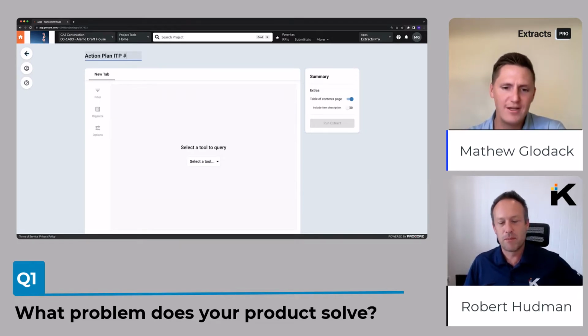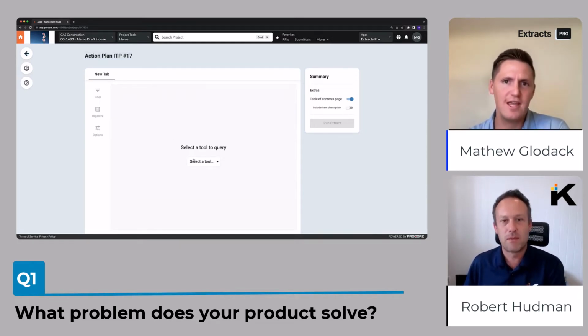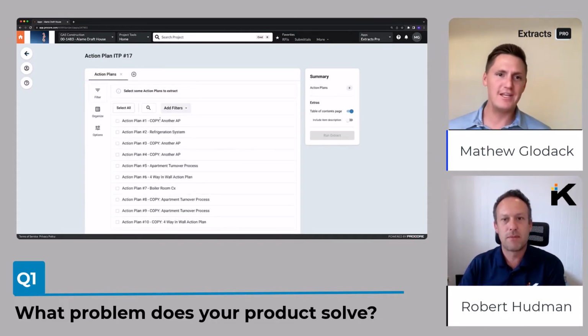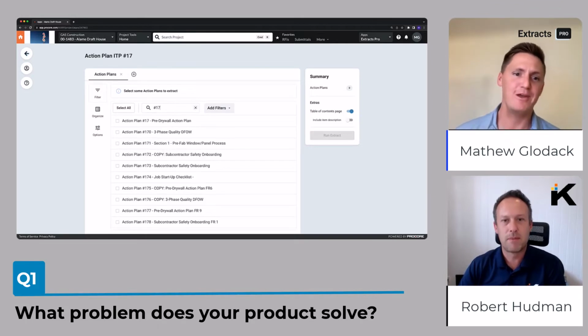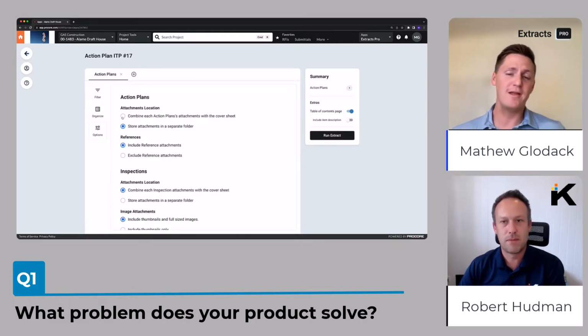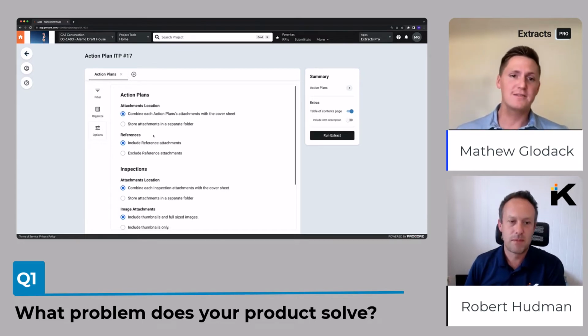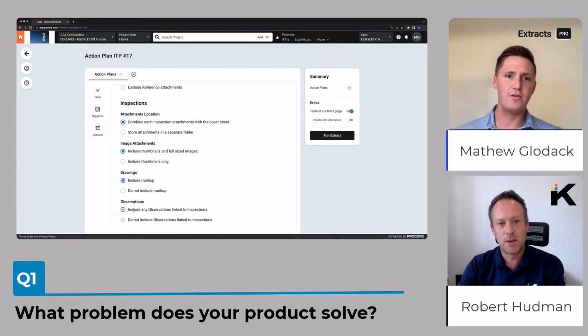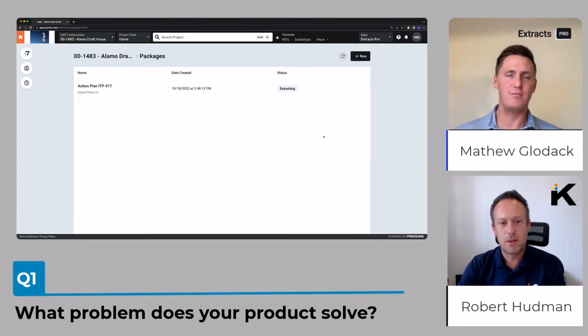Extracts Pro is an integration that aims to solve the pain around the unnecessary time spent exporting data from Procore to facilitate processes like closeout or turnover, compliance with government regulations, or archiving data for your own project and documentation policies.